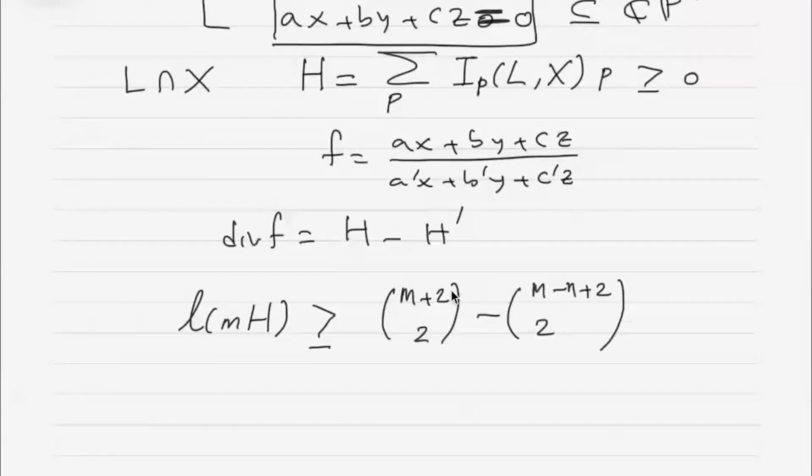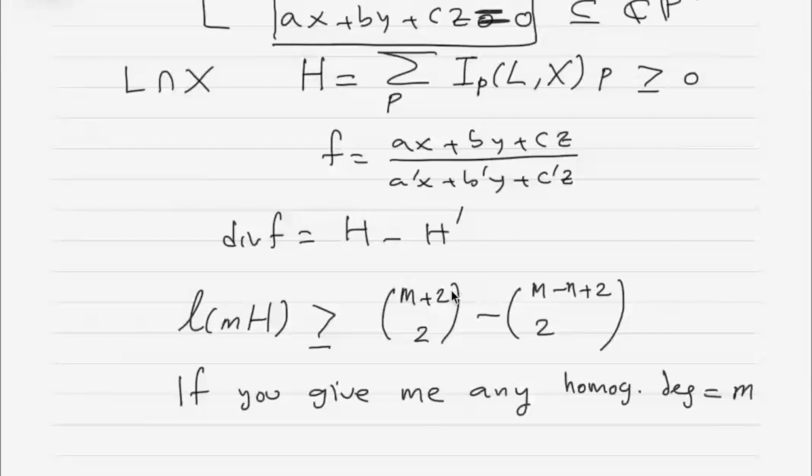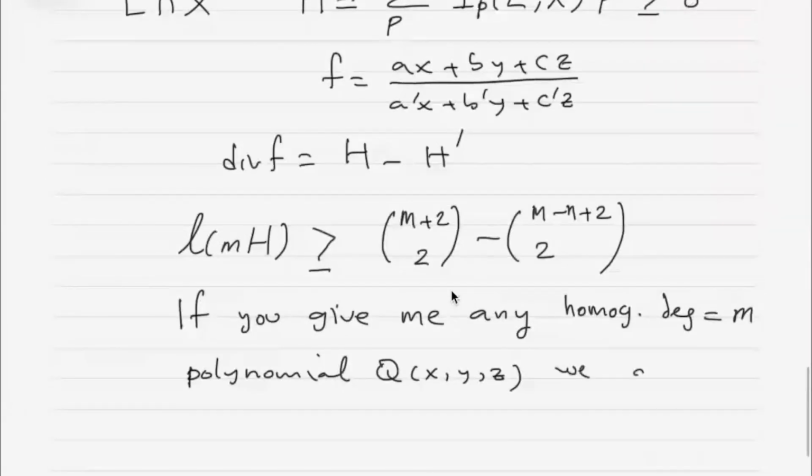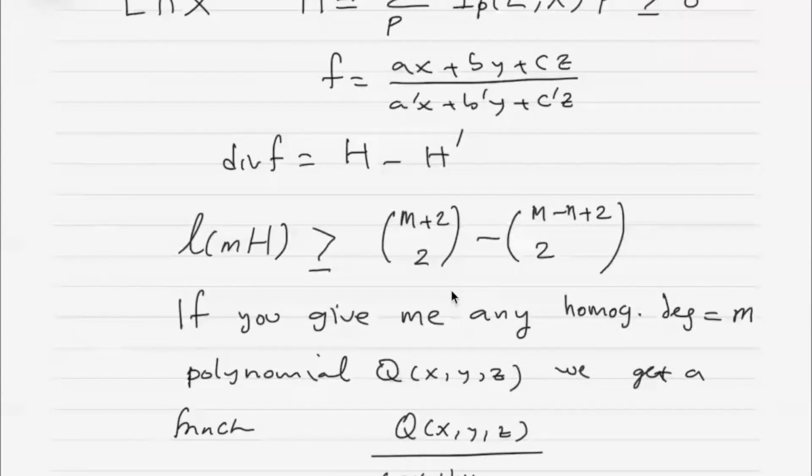Namely, if you give me any homogeneous degree n polynomial q of x, y, and z, we get the function q of x, y, and z divided by ax plus by plus cz to the power m, which belongs to L of mh.